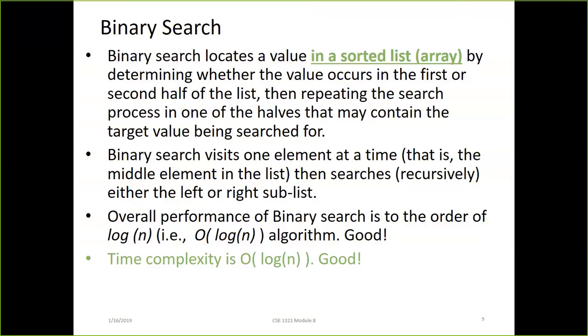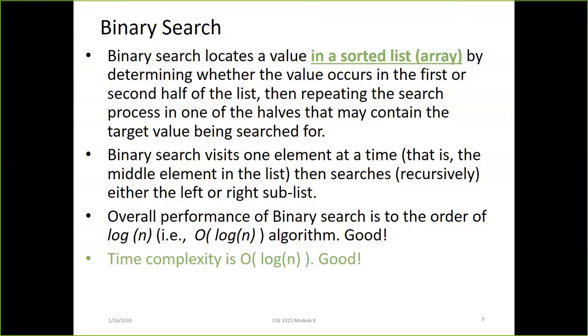There is another popular algorithm called the binary search algorithm. Binary search, bi means 2, right? So what the binary search algorithm does is that every time it divides the list into two halves.